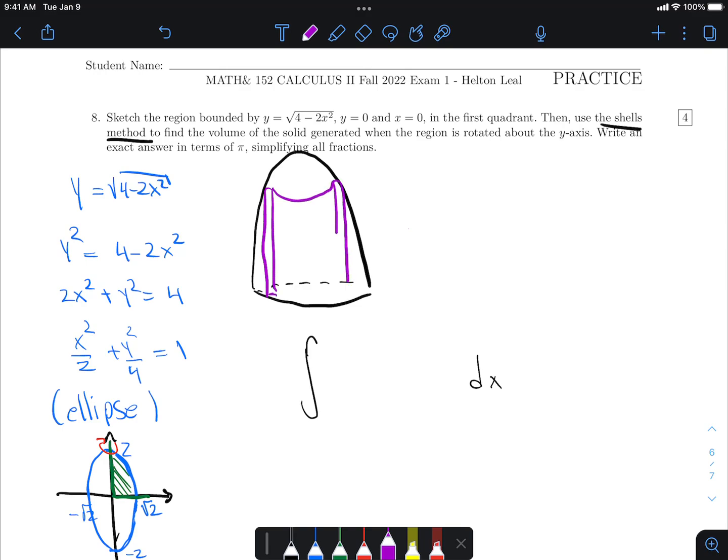Whenever I'm dealing with something very, very thin, I'm calling this thickness dx. Imagine this is like a cup, a cylinder without a bottom, or a pipe or something like that. It's hollow in the middle.